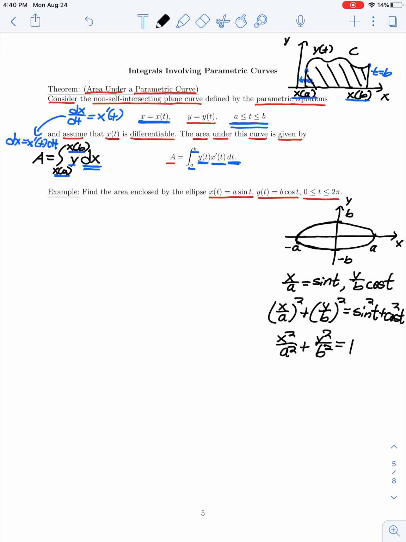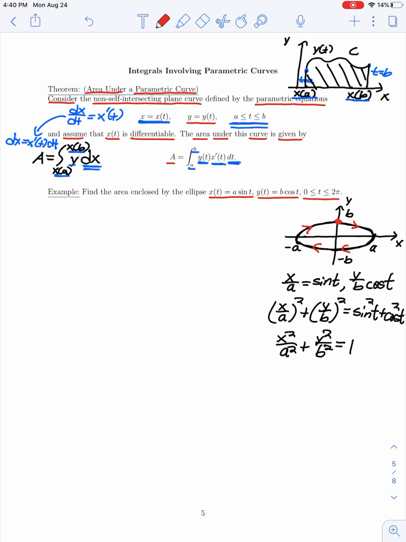And here, let's see how we would be traversing this. Our initial point, where t equals 0, would be the point (0, b). So we're starting here. And as t starts to increase from 0, we see that x of t would be increasing. So we're traversing the curve in this direction.